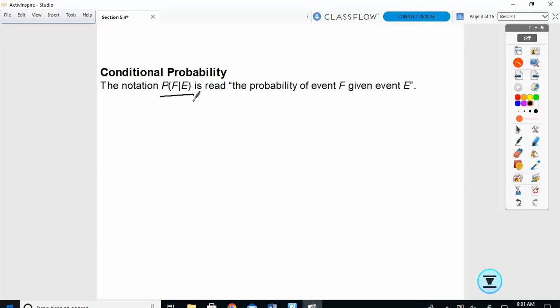There's still only 13 of you in here, but am I looking at the whole school anymore? No, I'm only looking at the people that are sitting in a math class right now. So what changes is our denominator when we do our fraction. We're no longer looking at everybody because I already know something is true. I already know you have a math class second hour. So I can already exclude anybody that is not in a math class second hour. Okay, so conditional probability, we already know something is true, so it changes the overall probability.